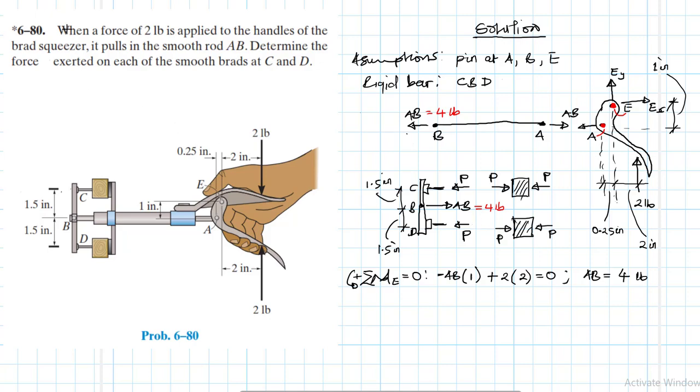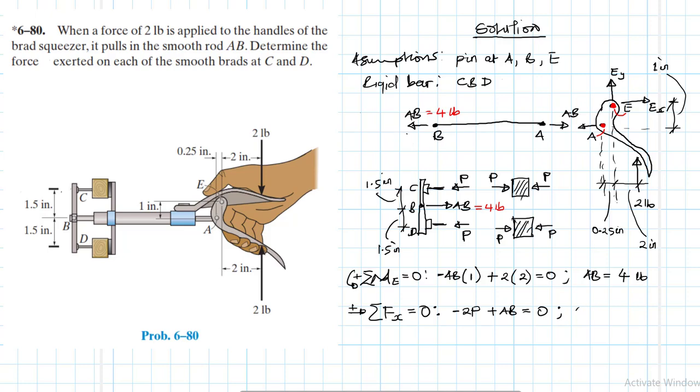All right, so let's do so. So summation of forces in the x direction equal to 0, in this direction like so, or reference positive. So that we have the 2 P's, so we'll say minus 2P plus AB equal to 0.